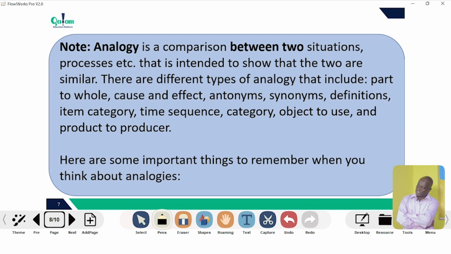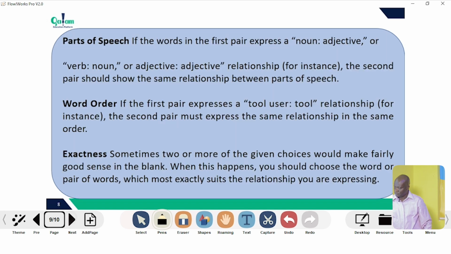Here are some important things to remember when you think about analogies. Parts of speech. There are 8.